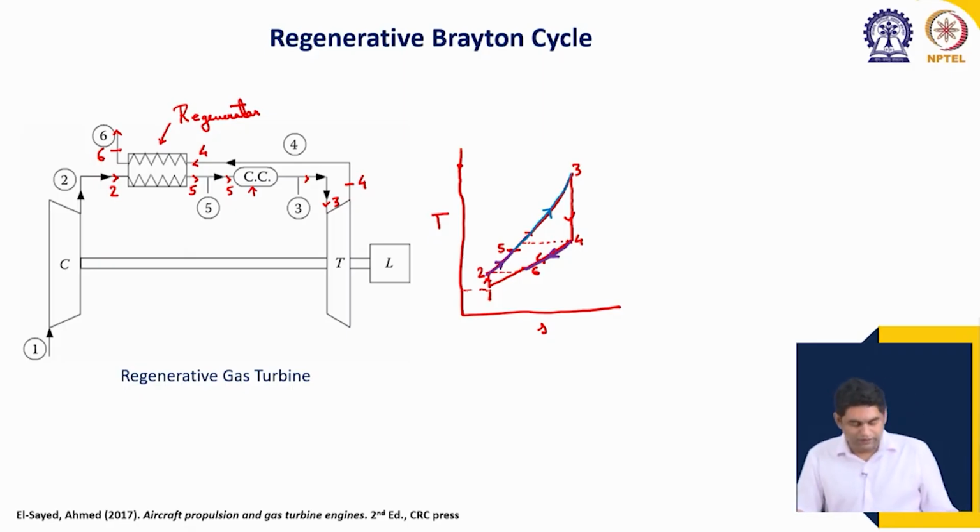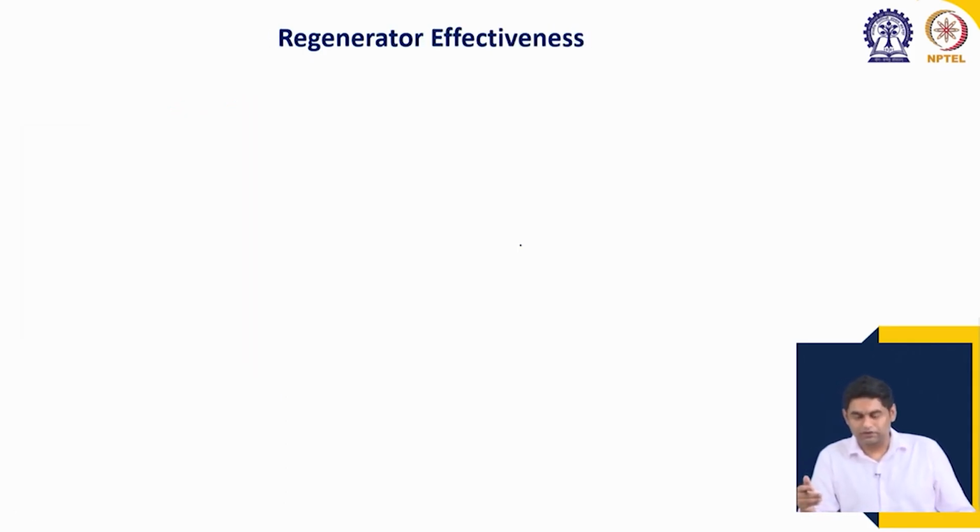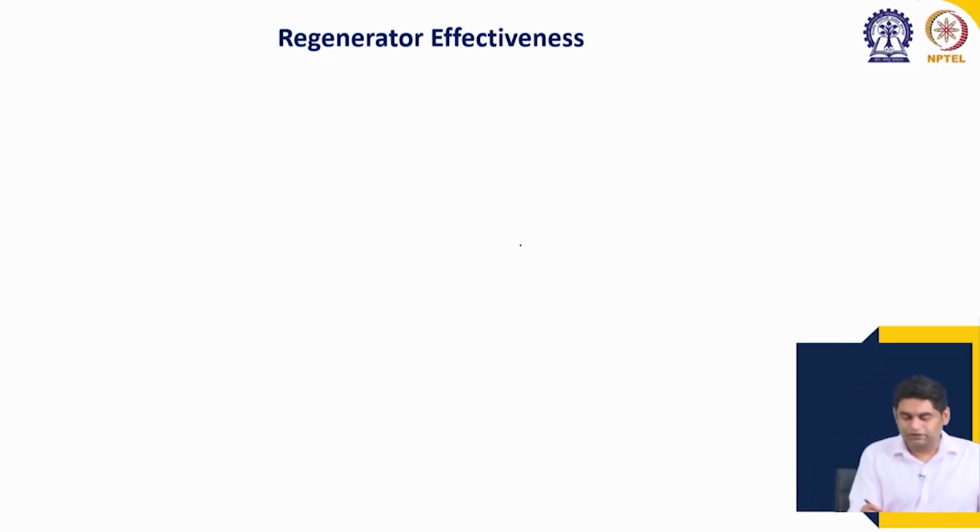Now, as we were discussing, we quantify how close to a perfect regenerator we have by defining a parameter called regenerator effectiveness. So, what is this regenerator effectiveness? It is defined in this way. Again for reference we will keep the diagram.